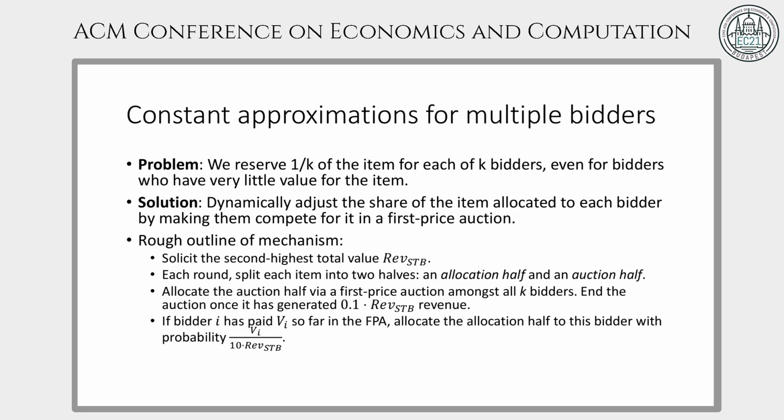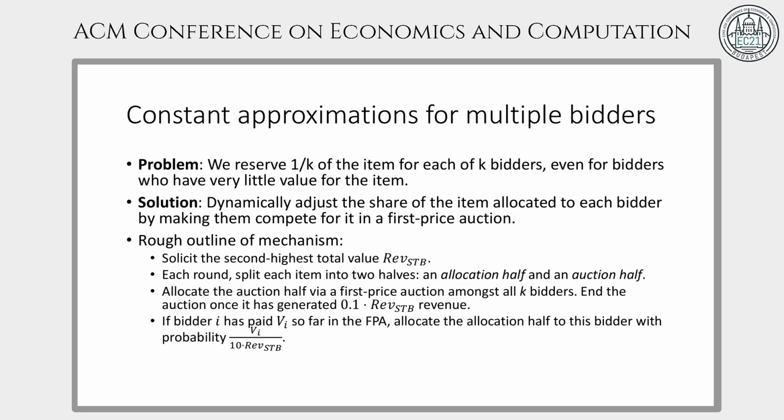But it has the caveat that, unlike the previous mechanisms I described, this mechanism is not truthful. Instead, it has the property that as long as each bidder bids according to undominated strategy, we guarantee that in equilibrium, we will receive at least a constant independent of k fraction of the selling business benchmark.